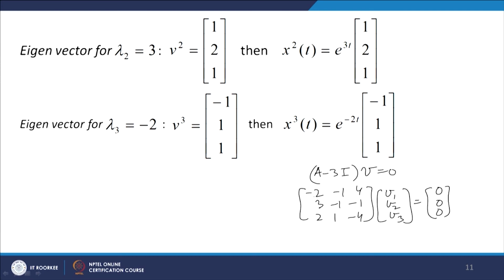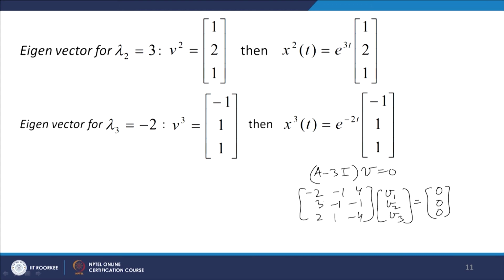Now we can see here the first equation is minus 2 b1 minus b2 plus 4 b3 equal to 0, and the third equation is just minus times the first equation, because it is 2 b1 plus b2 minus 4 b3 equal to 0.